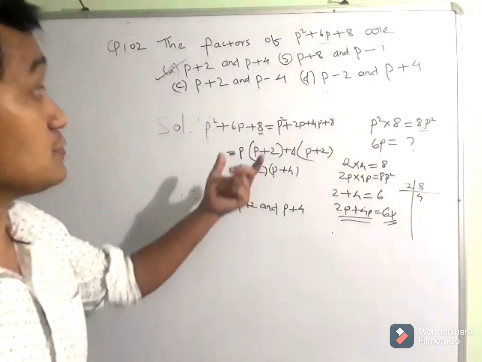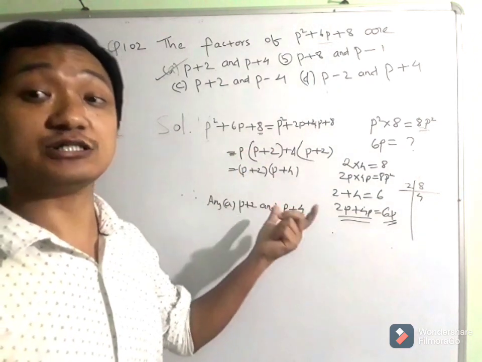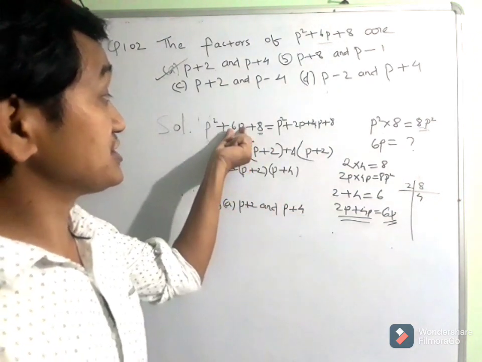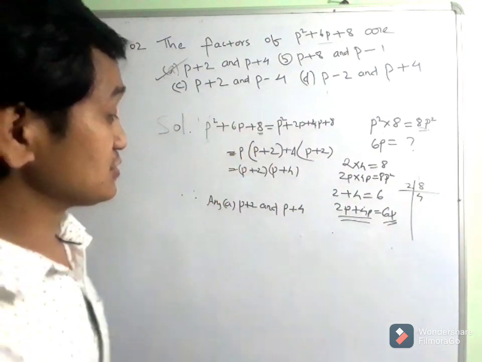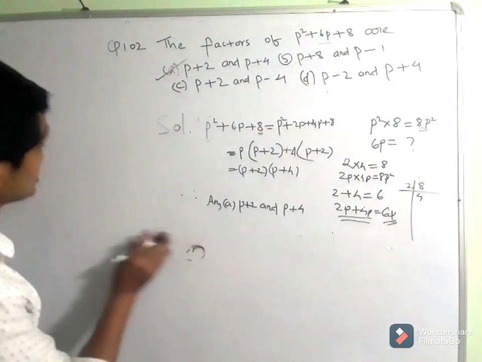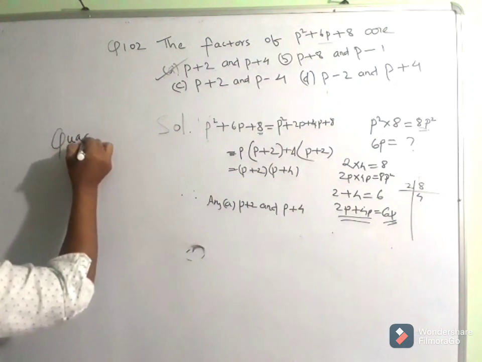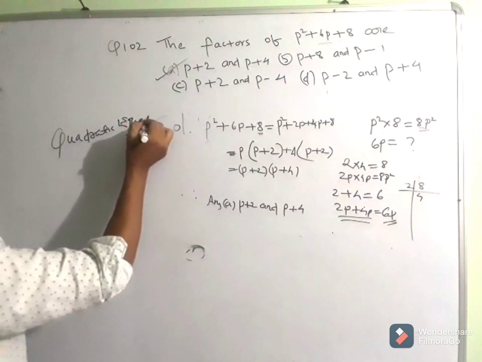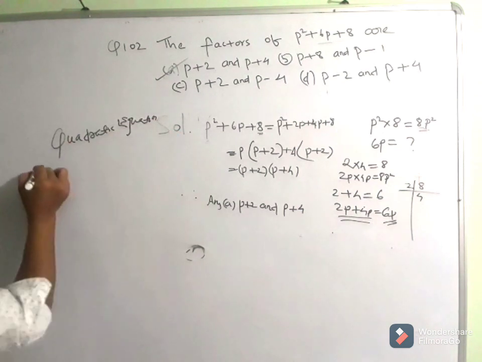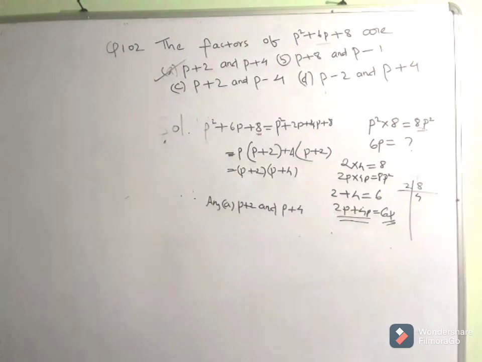In order to solve these problems, you need knowledge of splitting the middle term. To know about splitting the middle term, you need knowledge of quadratic equations, of NCERT class 10 maths, chapter 4.